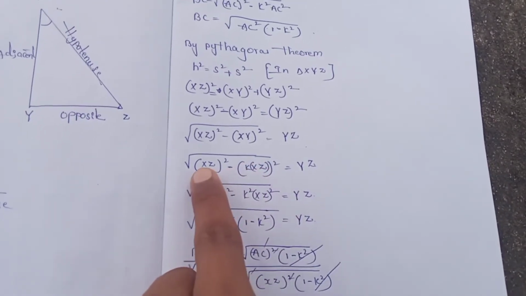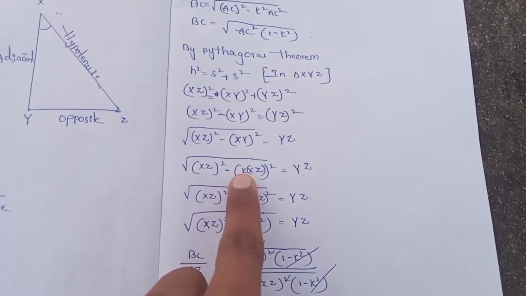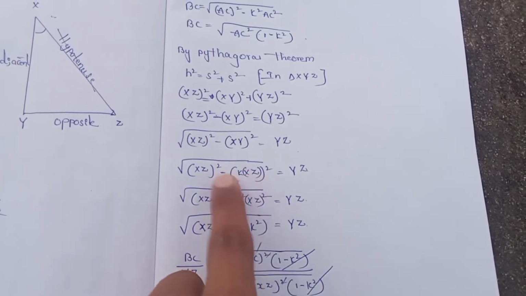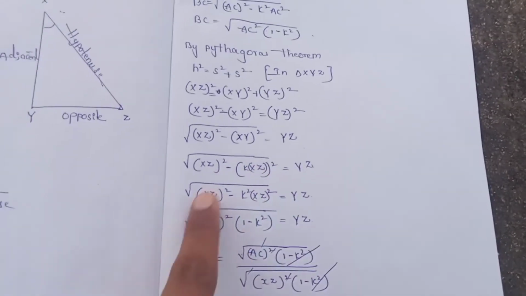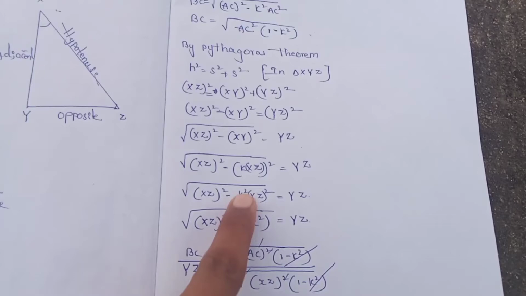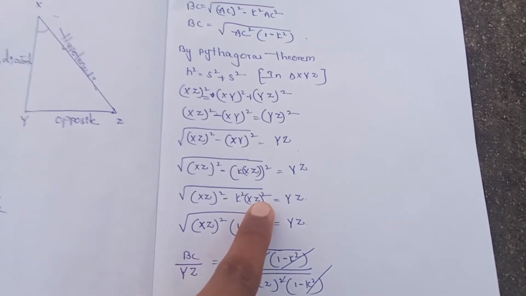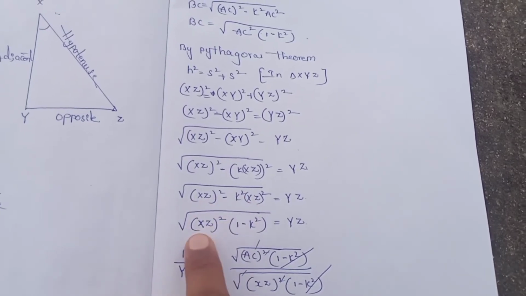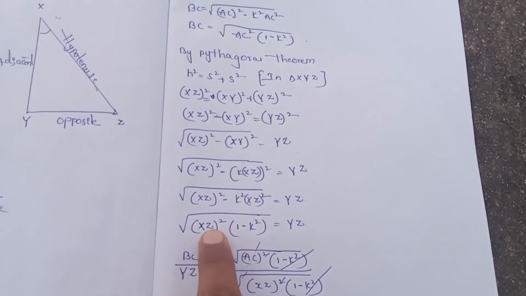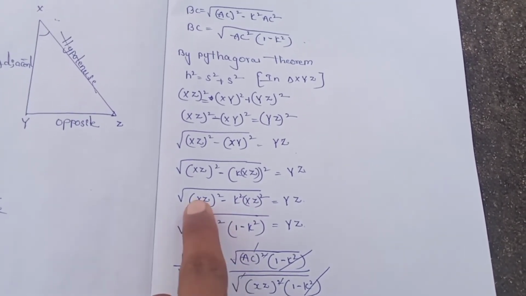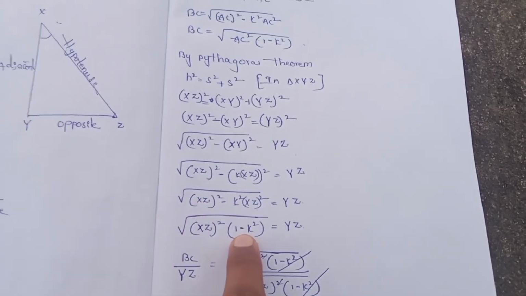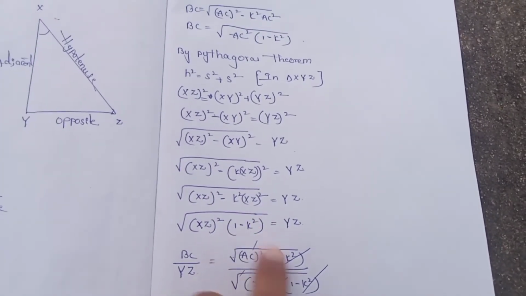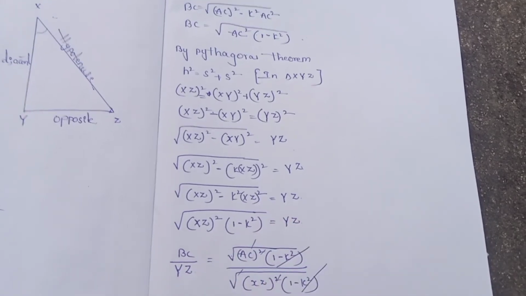Root of XZ whole square minus K square XZ whole square is equal to YZ. Taking XZ square common, we get XZ square into 1 minus K square is equal to YZ.